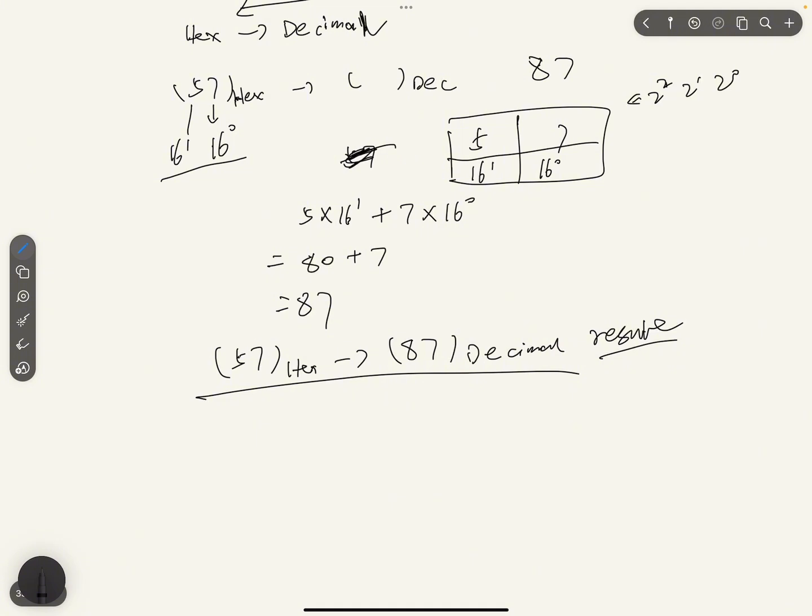Now we know how to convert binary to decimal and decimal to hexadecimal. We also know how to convert back from hexadecimal to either binary or decimal.